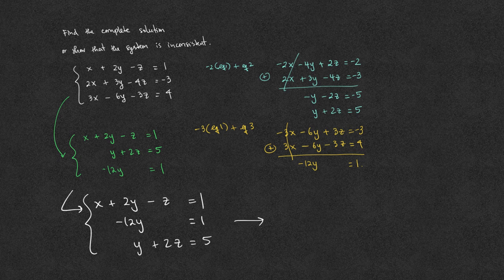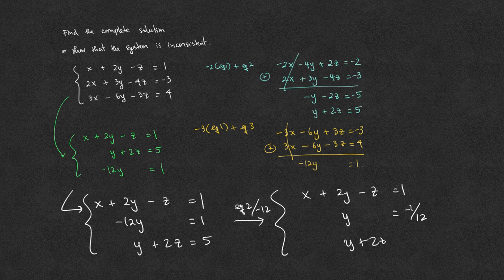But we can divide both sides of equation 2 by negative 12 to get x plus 2y minus z equals 1, y equals negative 1 over 12, where we took equation number 2 and divided by negative 12. The third equation is y plus 2z equals 5.